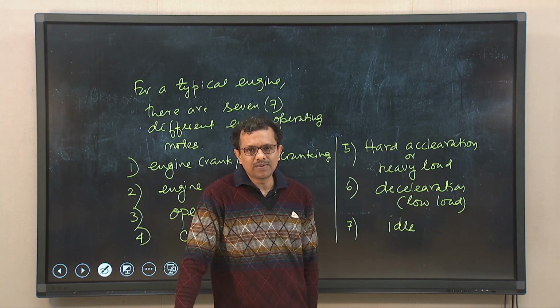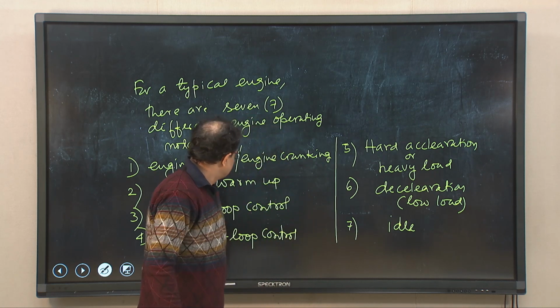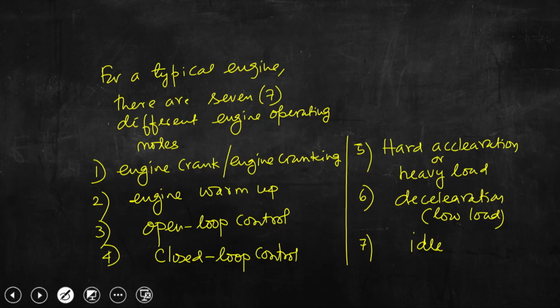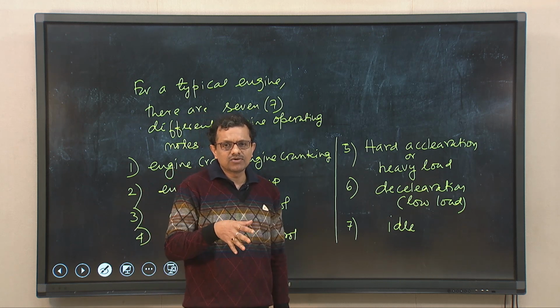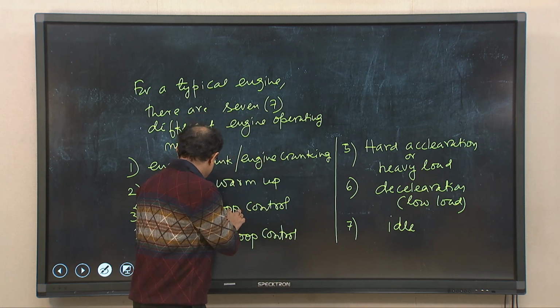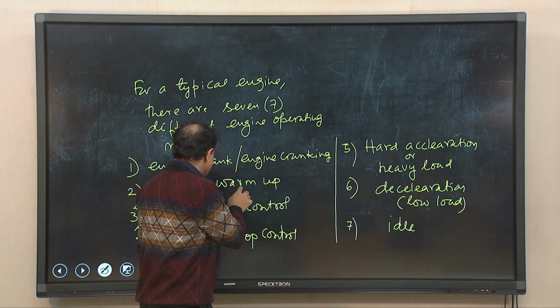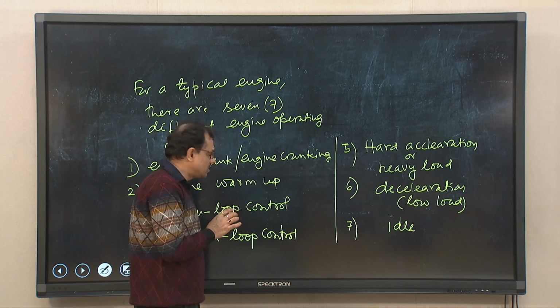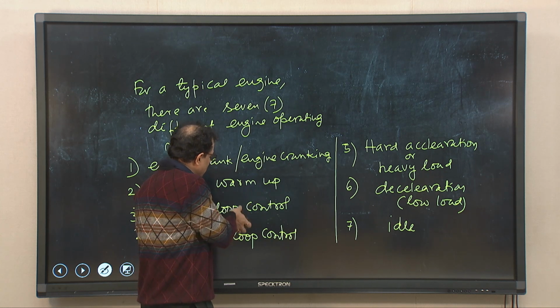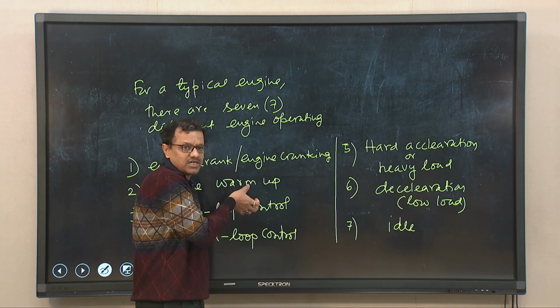It may so happen that from warm up we may need to go to 5. Certainly, if we need to go from warm up to hard acceleration or heavy load, we need to go through open loop, closed loop, etc. But even if we do not go from open loop to closed loop, or from warm up to hard acceleration or heavy load, we certainly have to cover these different modes, but suddenly.